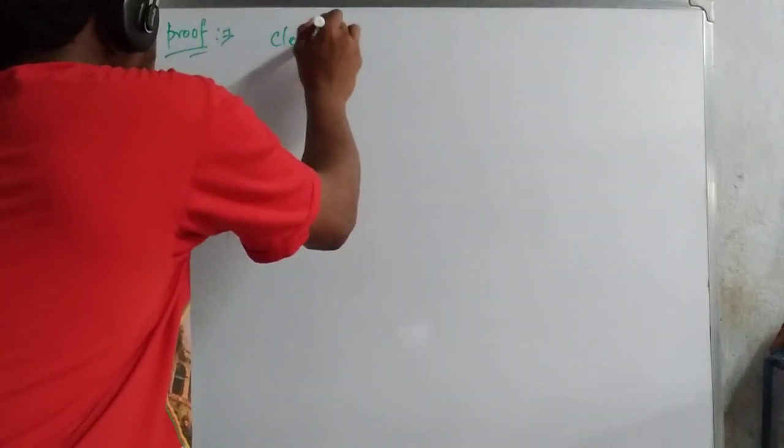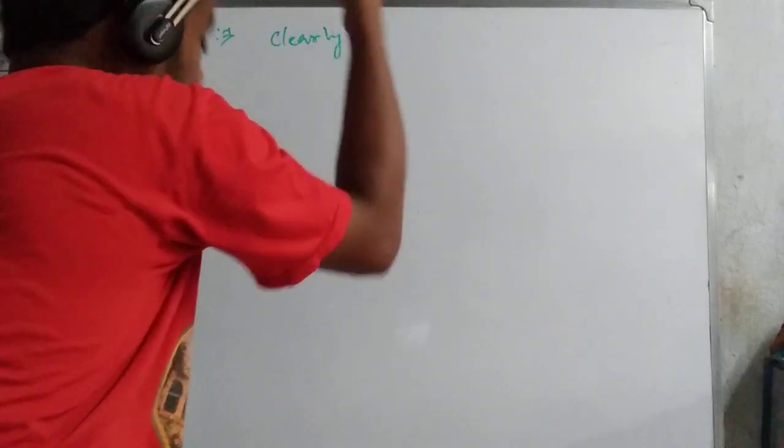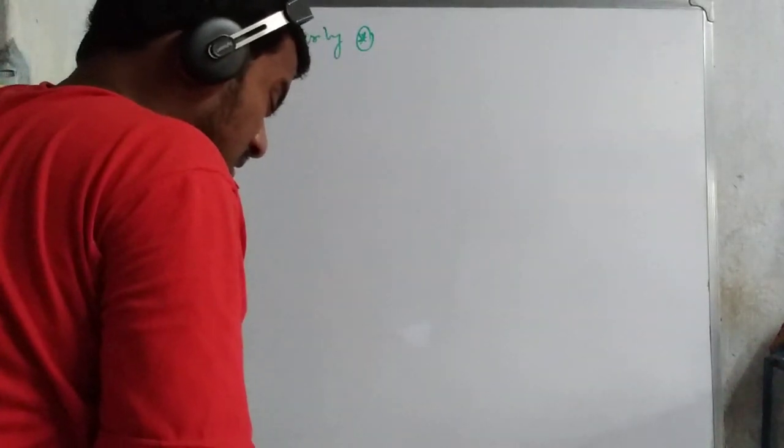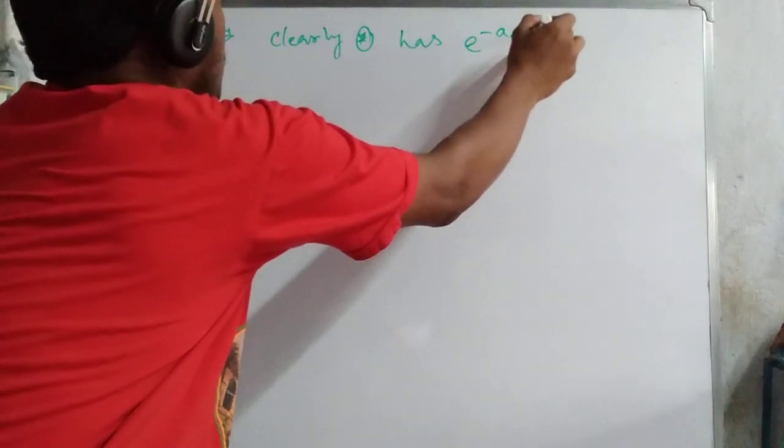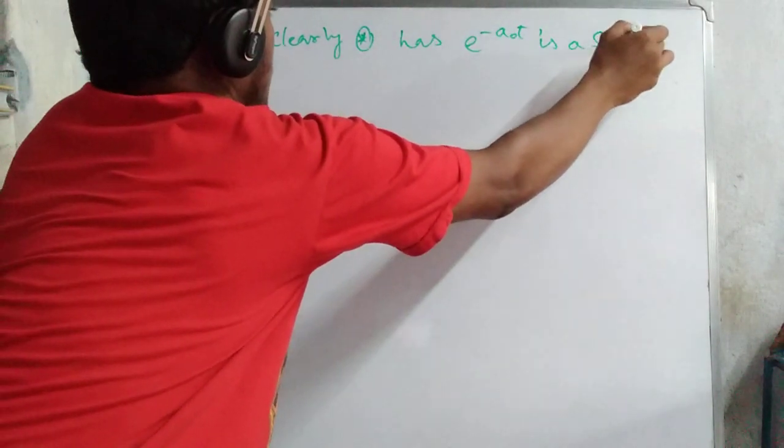Here, clearly e to the power minus a0 t is a solution of star.